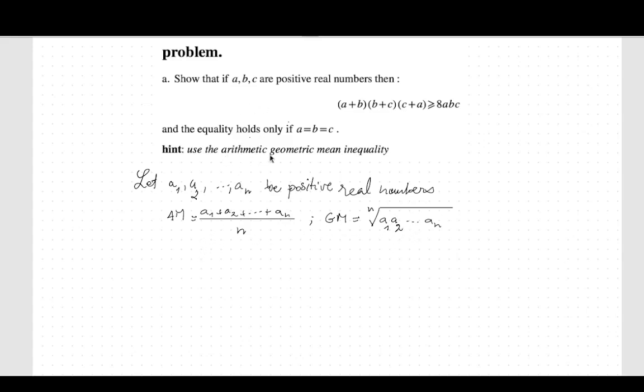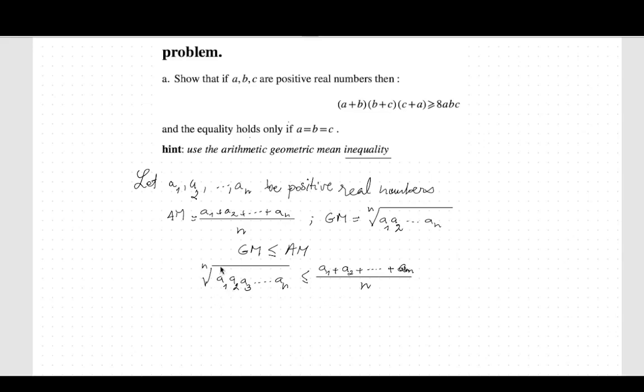Now this arithmetic-geometric mean inequality means that the geometric mean is less than or equal to the arithmetic mean, which can be written as the nth root of a1 a2 a3 ... an is less than or equal to a1 plus a2 plus a3 plus ... plus an, all of them over n.